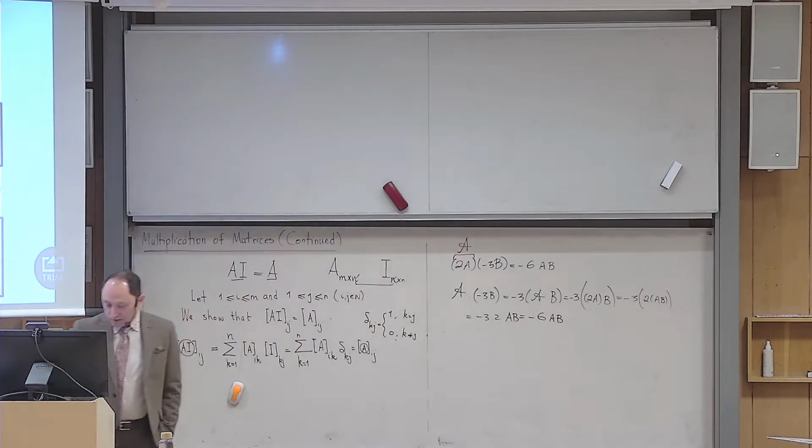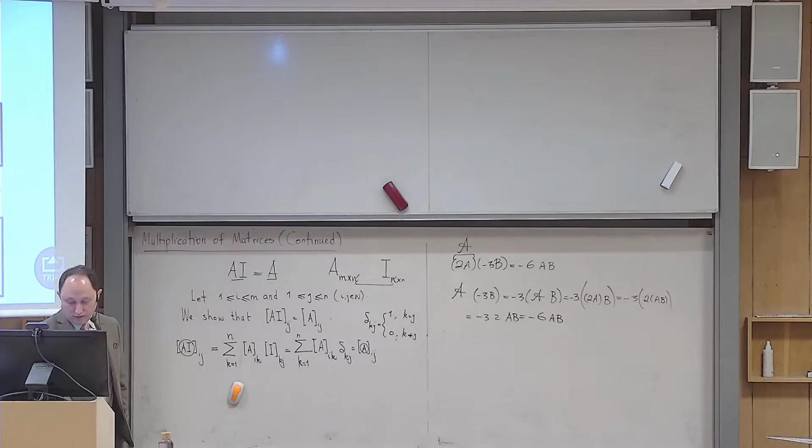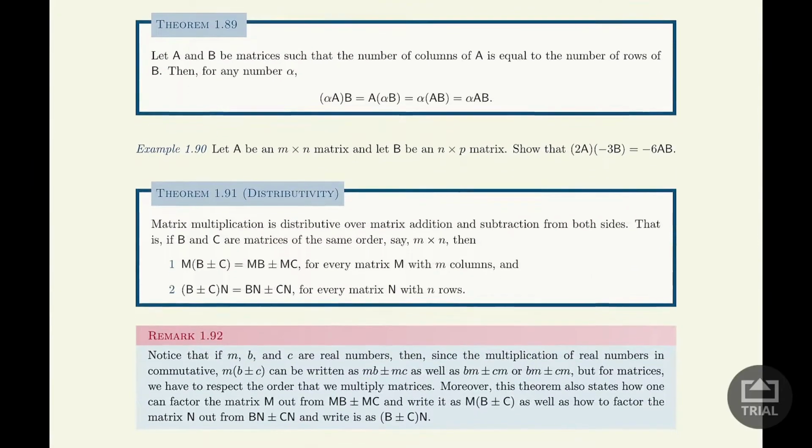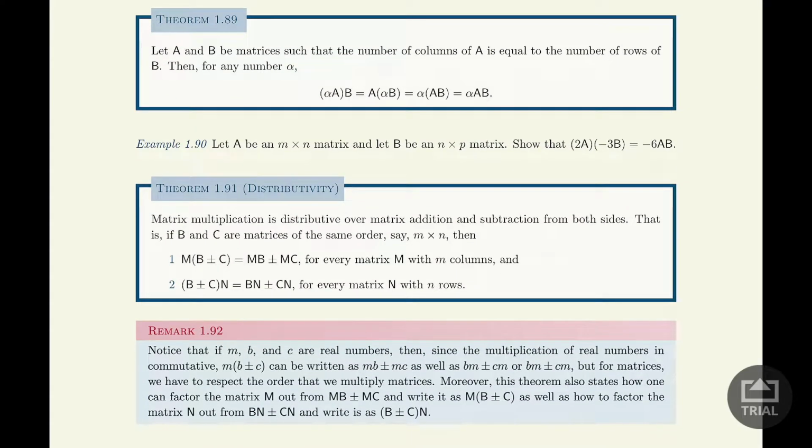Okay, but the situation is not that bad, because even though we lose commutativity, fortunately we have distributivity. Distributivity means if you have a matrix M, and the sum or difference of two matrices, and you want to multiply M by the sum or the difference, you can multiply like polynomials. So you can multiply M by B, and you can multiply M by C. If it is plus, you put plus.